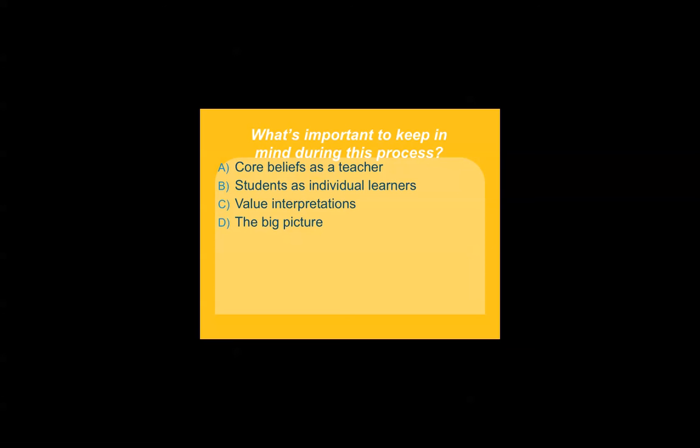Where are we going with this stuff? Whether it be developing the curriculum or developing your ideas of what a standard means. What's the big picture? Where are we going with this? And I always find it to be very important that we go backwards. What's that big picture, and how do we move all the way down? And that's the concept behind this website and developing curriculum is getting that big picture and moving backwards.